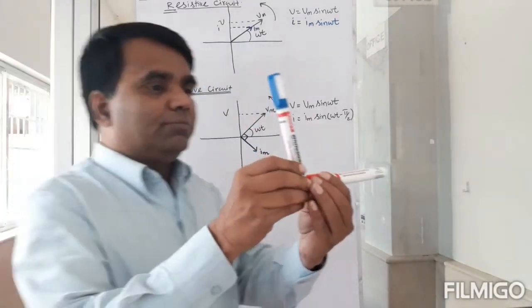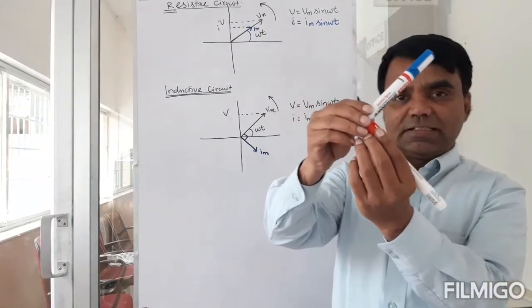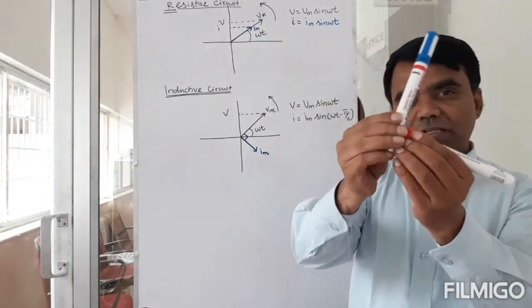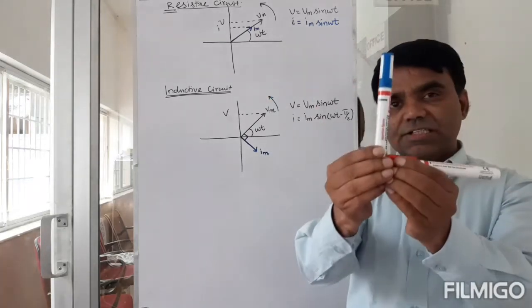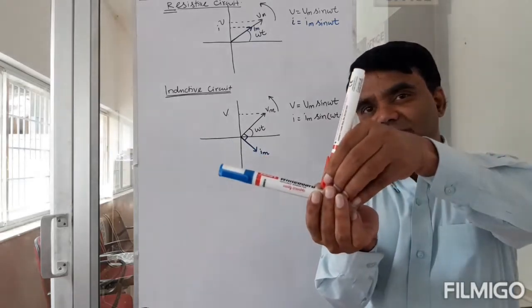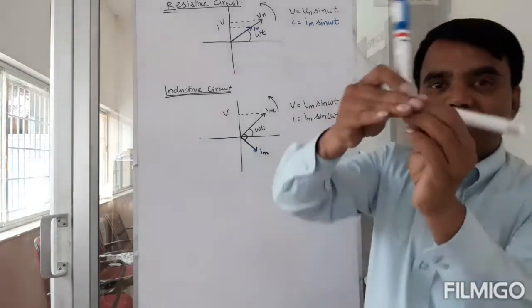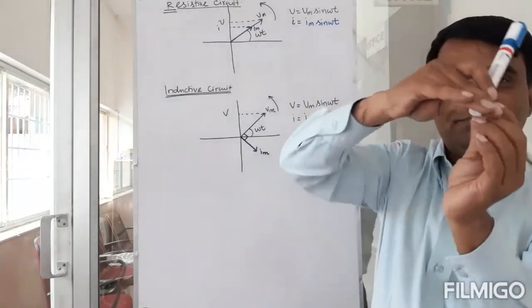Okay, if blue is the voltage, and if red is the current, then they rotate like this. So first the voltage reaches maximum, and then the current reaches the maximum, and then like that. So they rotate together now. Okay?